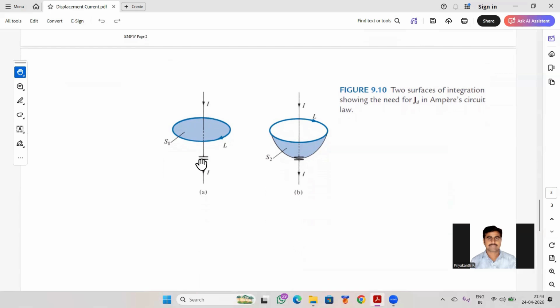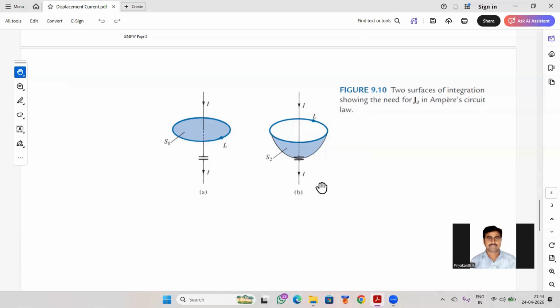But between the capacitor plates, there is an insulating dielectric, so no actual conduction current flows. Still, the electric field between the plates changes with time, producing the displacement current. Thus, the magnetic field around the wire remains constant because the conduction current is equal to the displacement current.